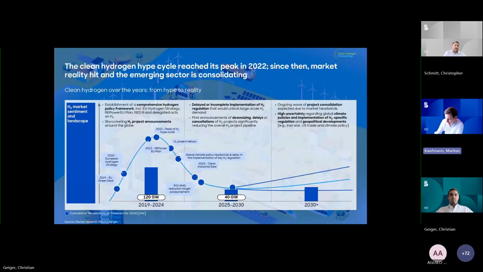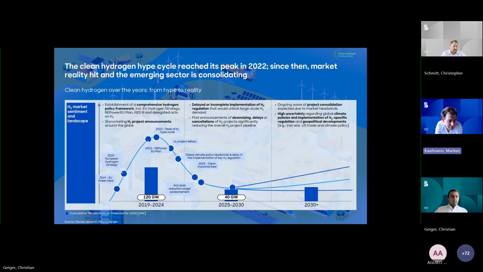On the next slide, what have we observed in the last years, in the real-life experience of actually making projects happen? Of course, the entire sector has gone through a bit of a cycle. I think that's an open secret.